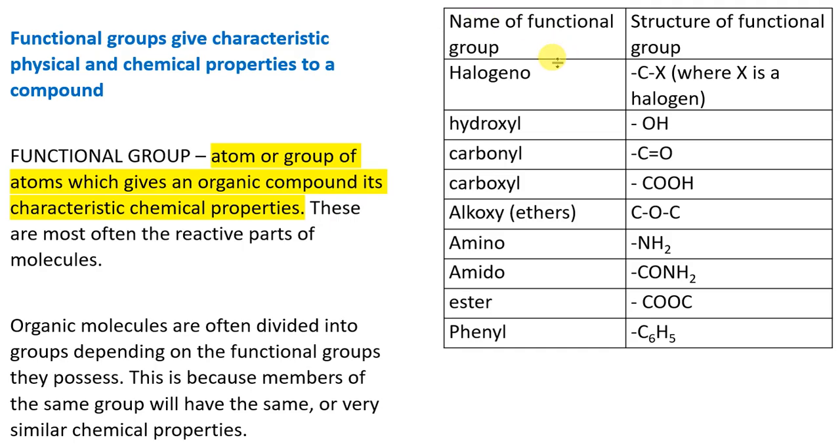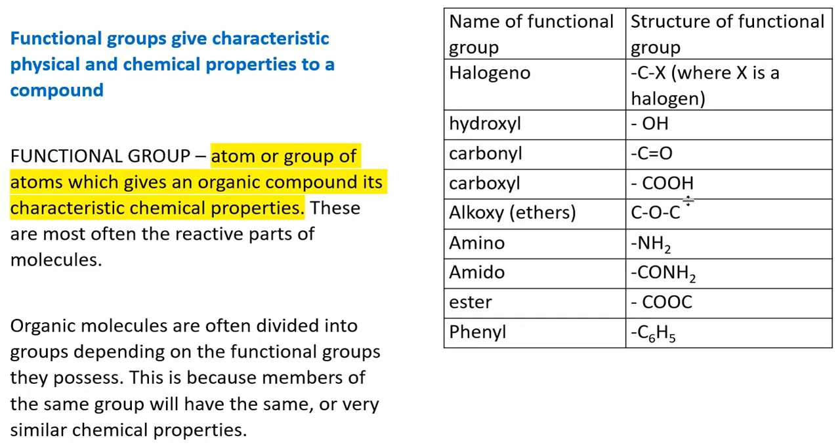Halogeno contain a halogen, X representing the halogen. Hydroxyl, H for hydrogen, O for oxygen, the OH group. Very important, the carbonyl group. A carboxyl group, COOH, acidic.